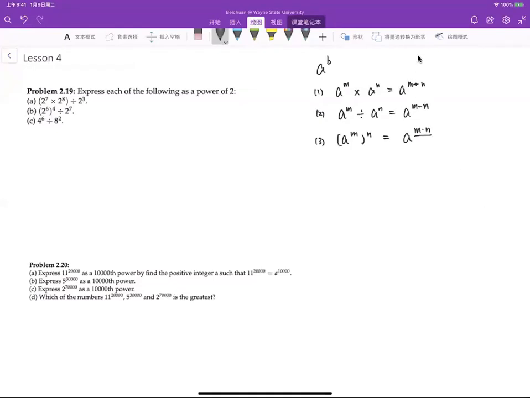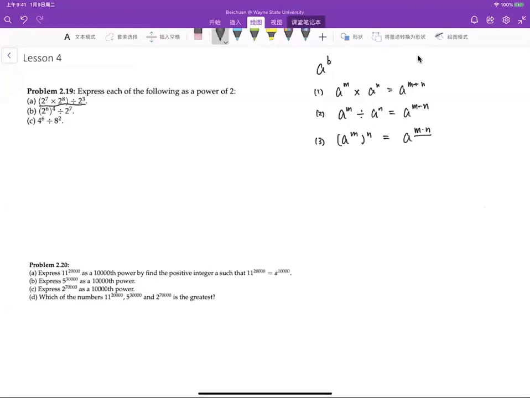All right, so let's just do the problem 2.19 to review the three properties. So you see in 2.19a, so basically we'd like to calculate the result of this expression.